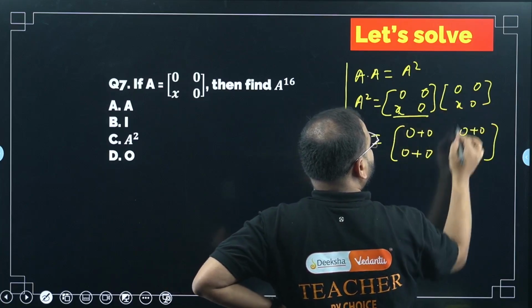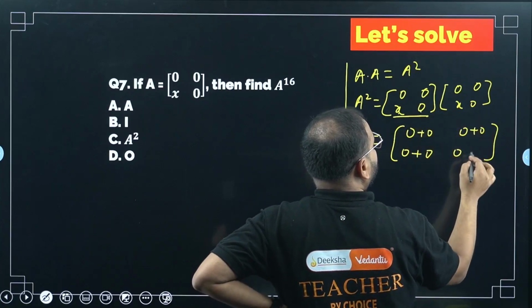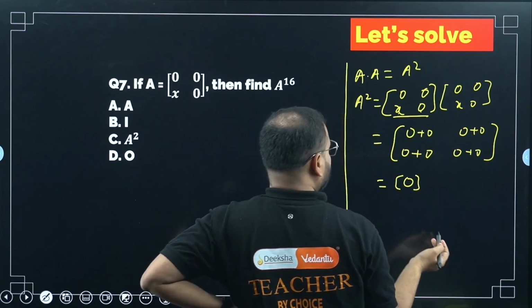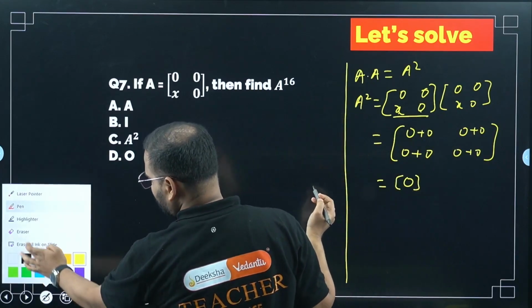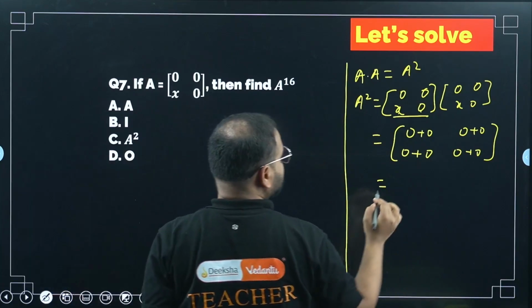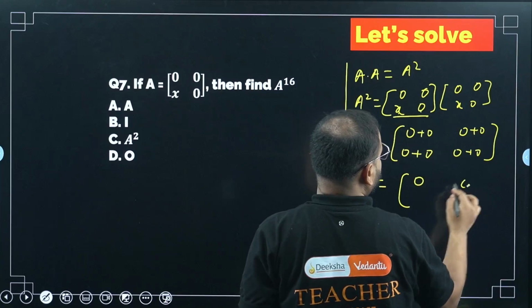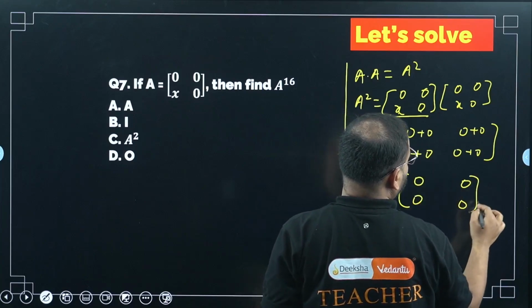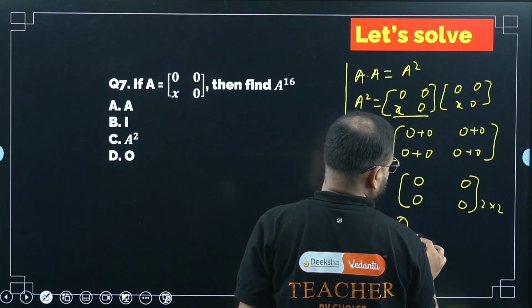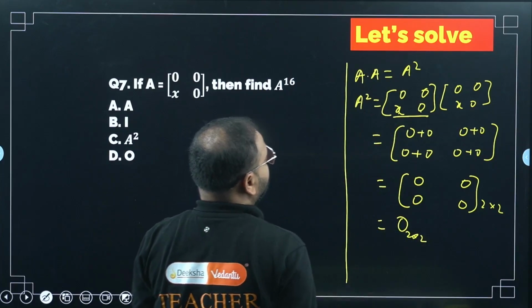Over here, x times 0 will be 0 and 0 times 0 will be 0. Let me write it completely, why skip any step? So this will look like 0 0 0 0. What is the order? 2 cross 2. So I can write this as 0 of order 2 cross 2. Okay, this is my A square.